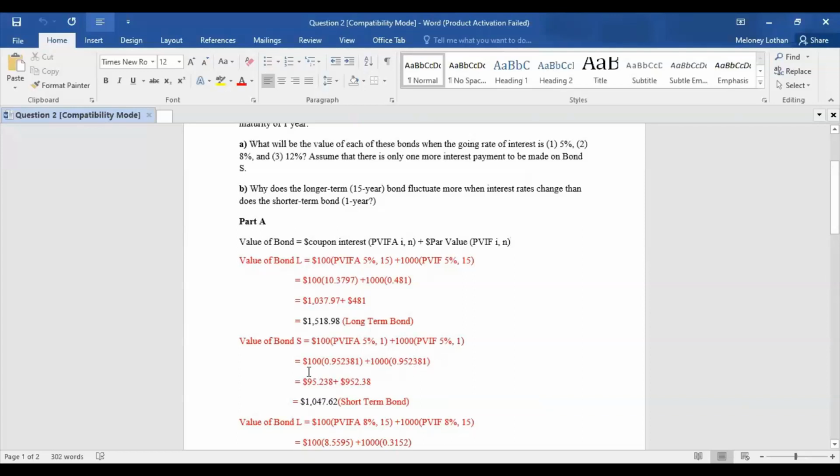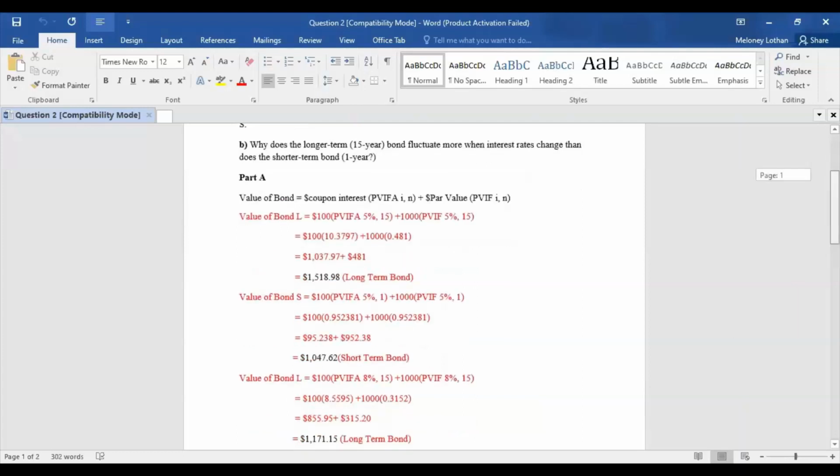So $100 times the 0.952381 plus the 1,000 times the 0.952381 gives you a total of 1,047.62. So that's the part for the 5%.